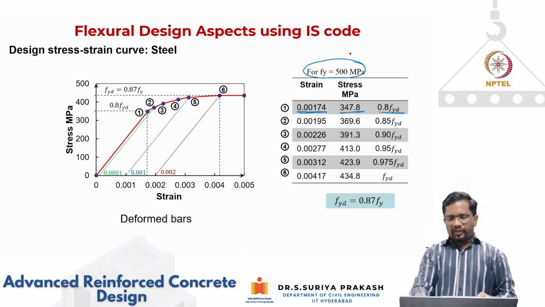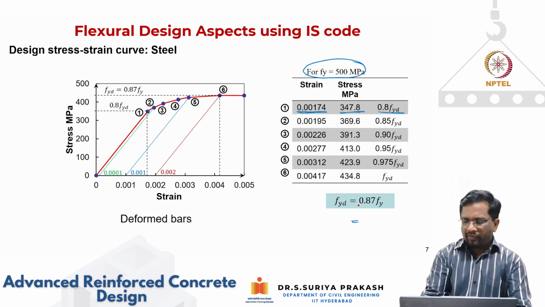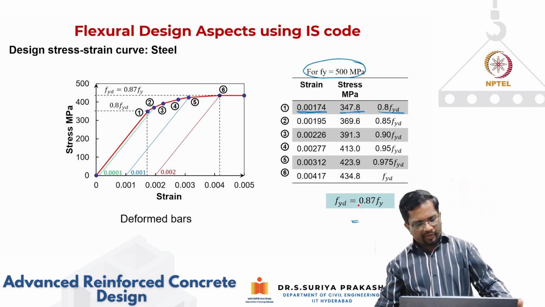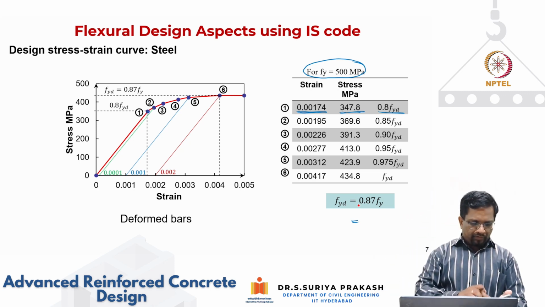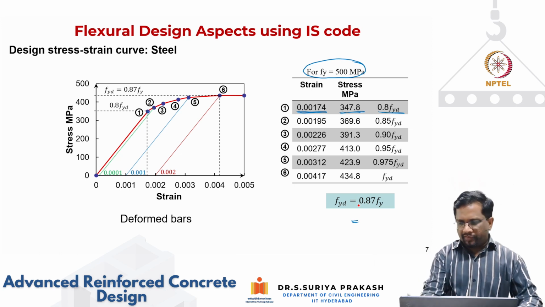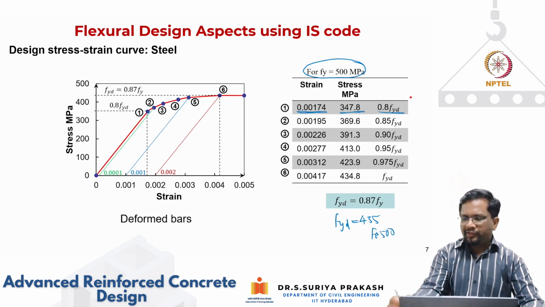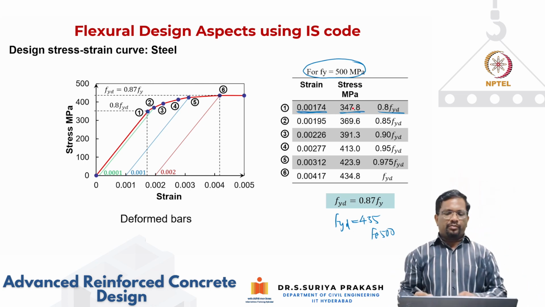So what would be your FYD for that? It is going to be 0.87 multiplied by 500, which is basically 435. So it's going to be 435 for Fe 500. But this is 0.8 times 435, so that is why it works out to be 347.8.